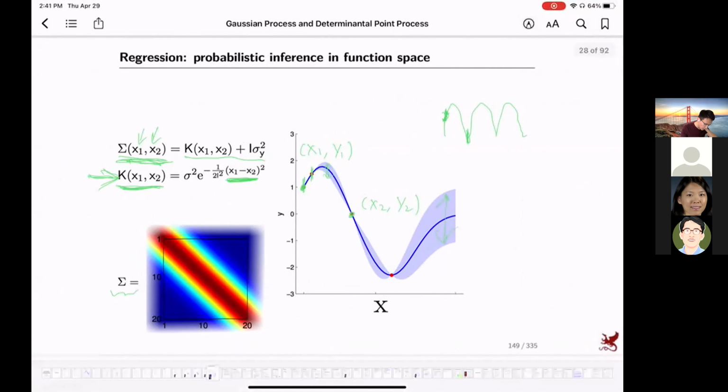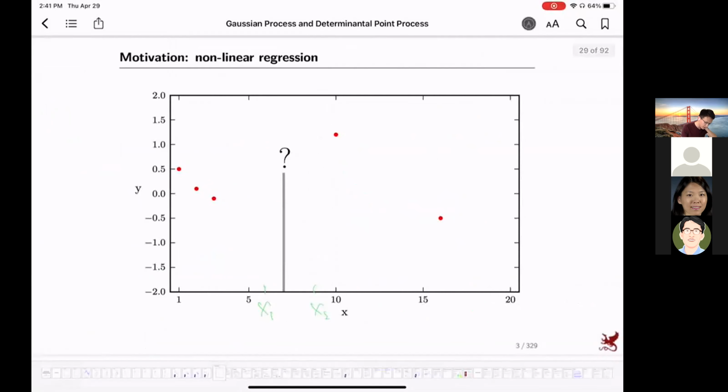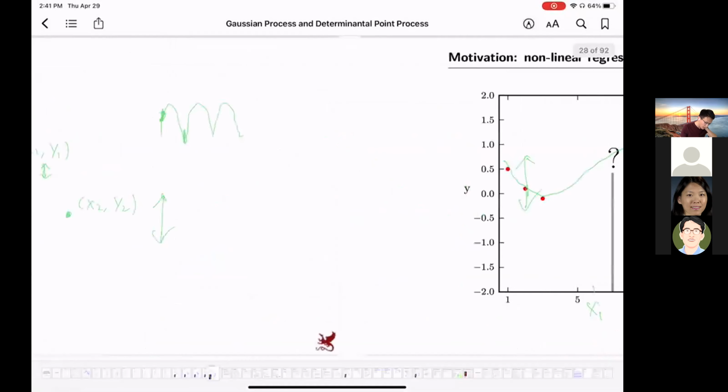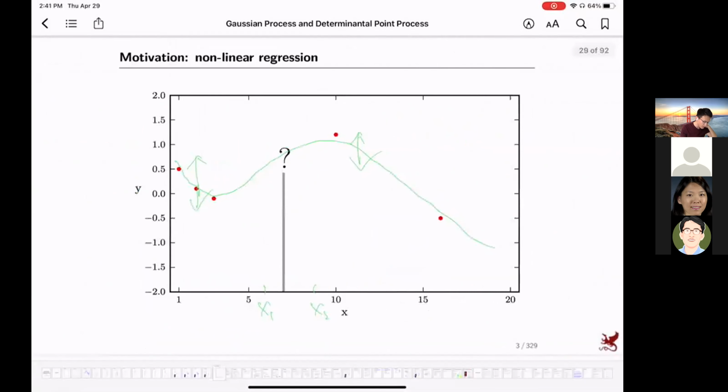This is what we wanted to do at the beginning of this nonlinear regression problem: to have a curve with confidence scores around different places. By going through the visualization of this multivariate Gaussian and extending it to infinite dimensions, we can see what's going on here.